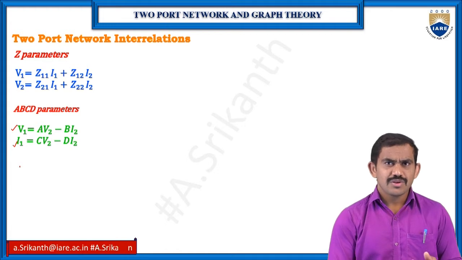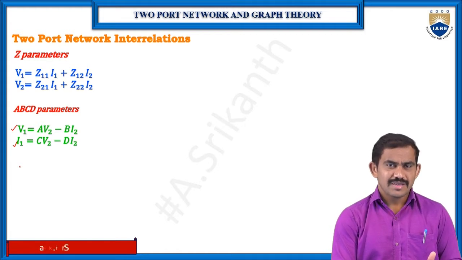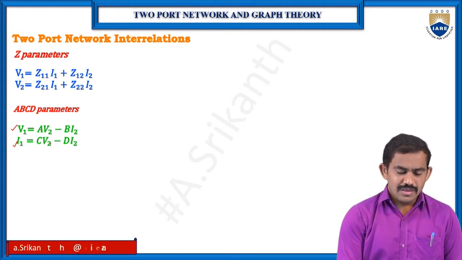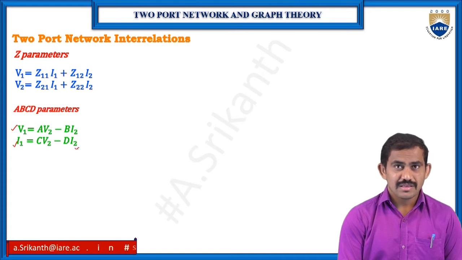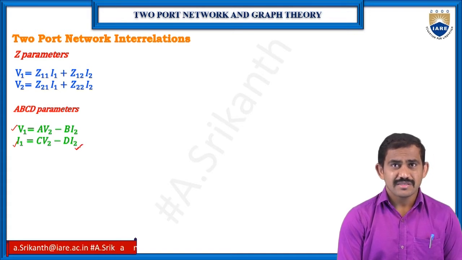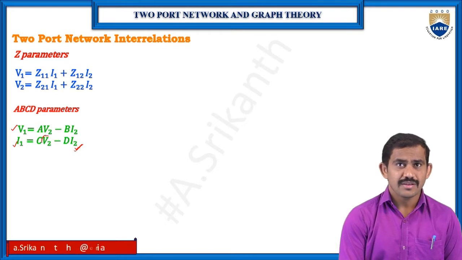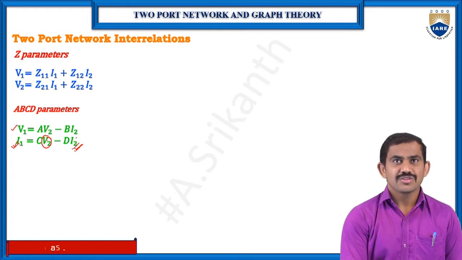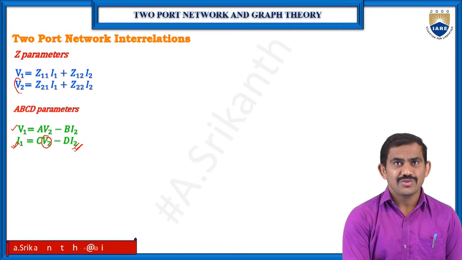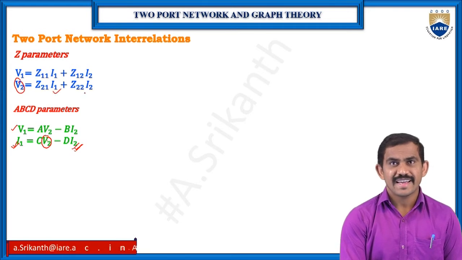So if you observe your ABCD parameters, from this I1 equation, I want the V2 value. So I want V2 in form of I1 and I2.